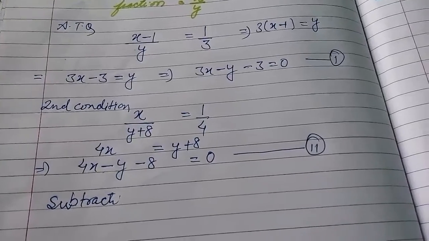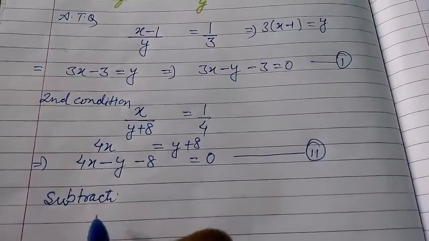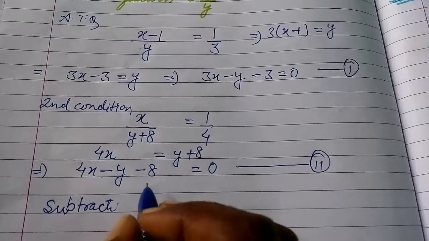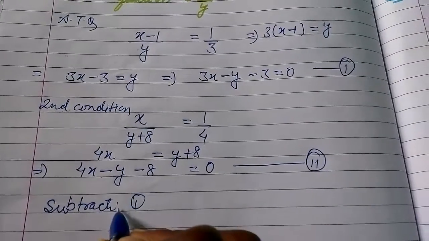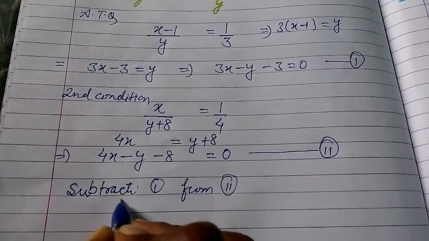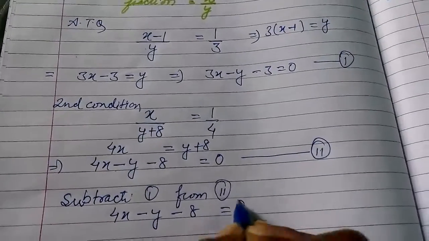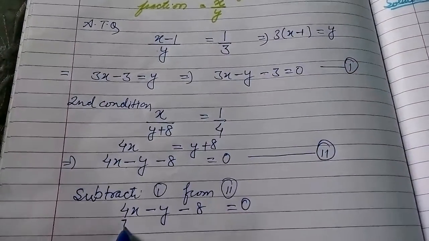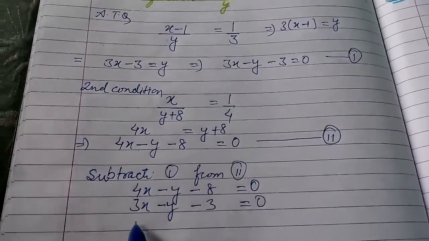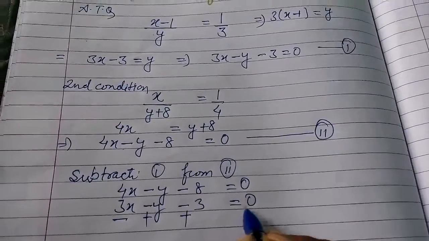Once you have got the equation, then whatever method you find easy you can solve with, but I'm finding the elimination method easy, so I'm using it here. Subtracting 1 from 2. The second equation is 4x minus y minus 8 is equal to 0, and this is 3x minus y minus 3 is equal to 0. Now I am subtracting, that means the sign will change. This will change into negative, this will change into positive, this will change into positive.